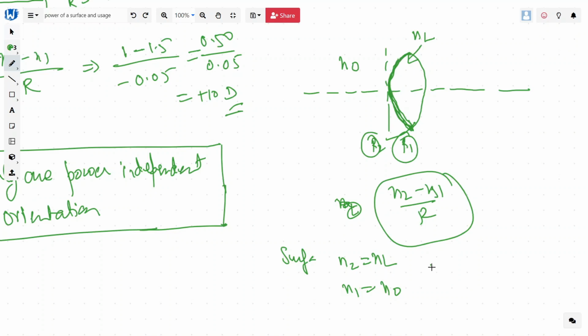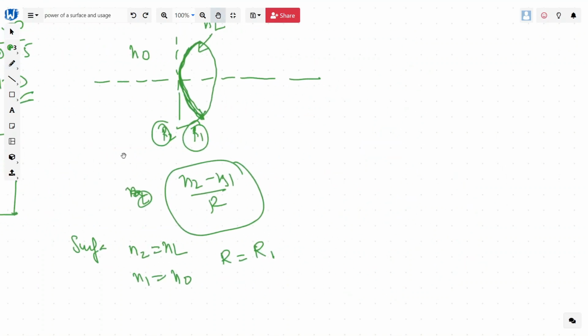R1 is positive, so R is equal to positive R1, and so we can write the power for the surface number 1, same equation: P1 is going to be NL minus N0 divided by R1.